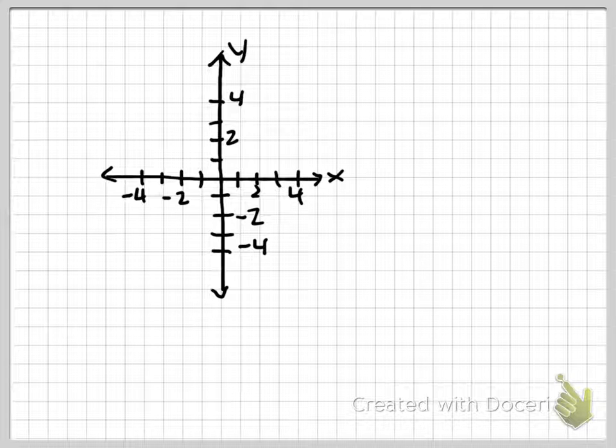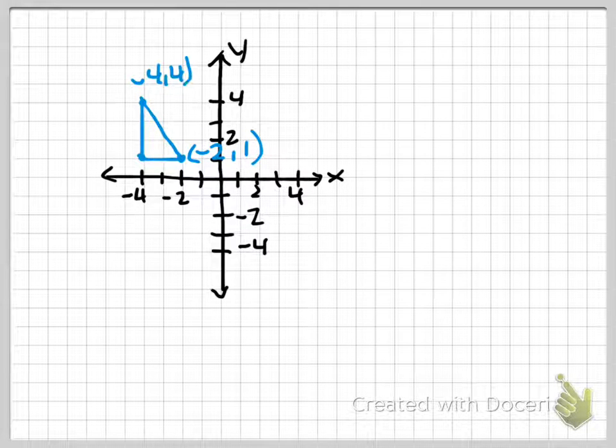All right, so let's start with this shape. It's going to be at -2, 1. Let's go to -4, 1. And let's go -4, 4. So I'll write out. So we have -2, 1, -4, 4, -4, 1.